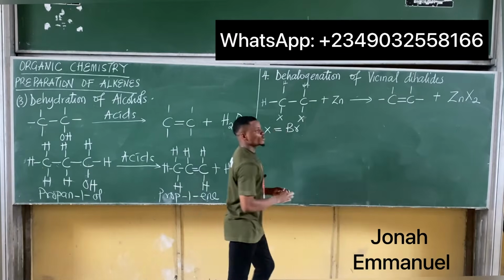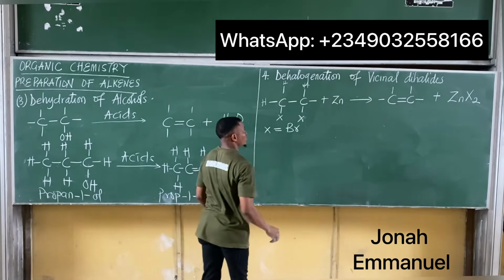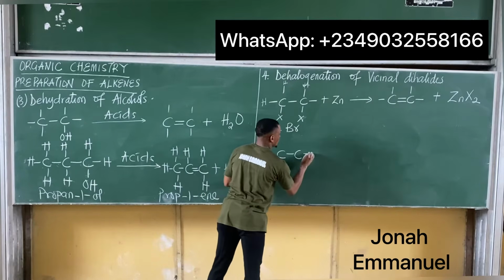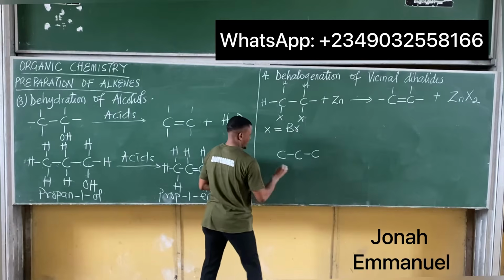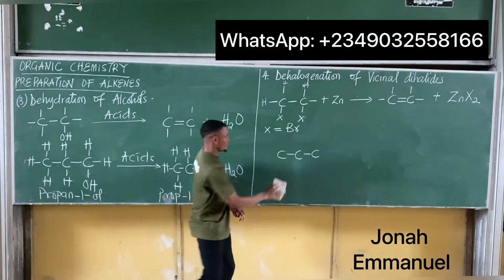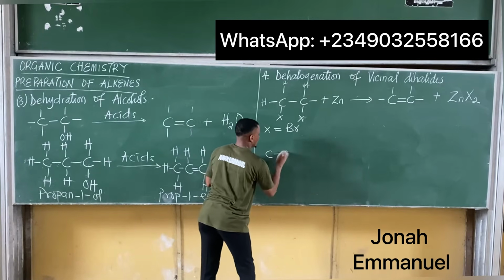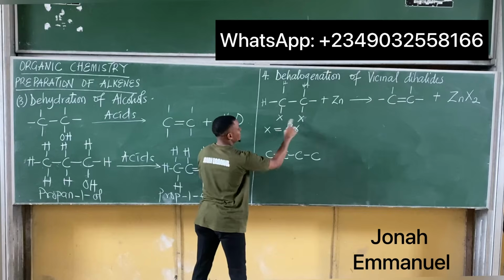Let's use a butane. If I'm using butane, it is 4 carbon. So from here I'm having 1, 2, 3, 4 carbon. Put the X here.